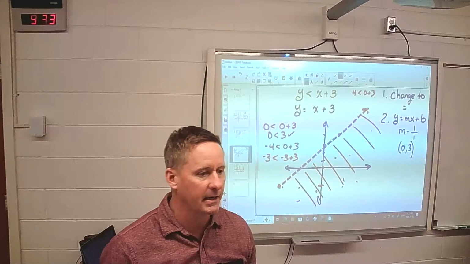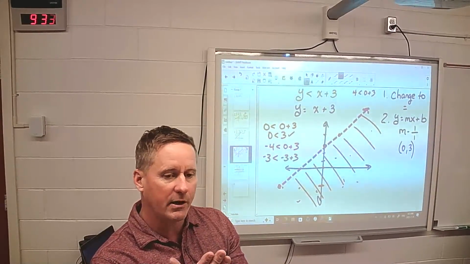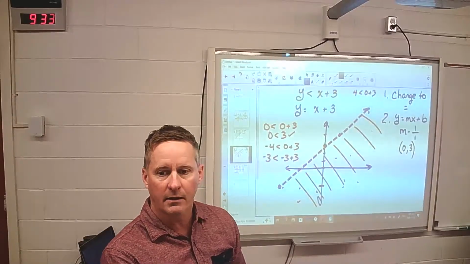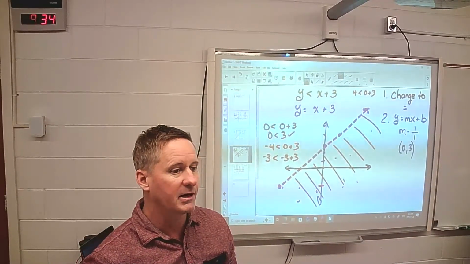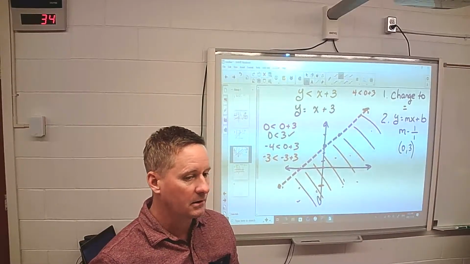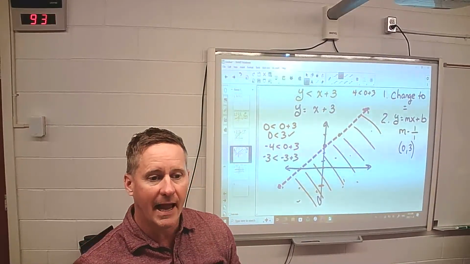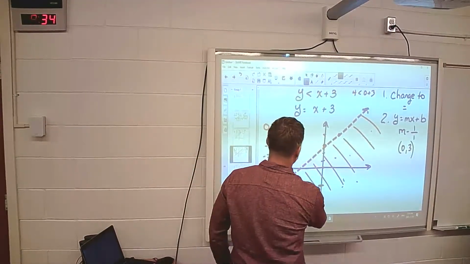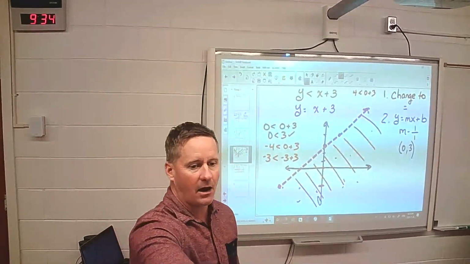It's all of the coordinates in the shaded area so that when you put them in for x and y, it makes it true. Good? Anybody still not understand solution set? What you did last year in grade 10, your solution set was always on the line. Now it's an area on the graph.